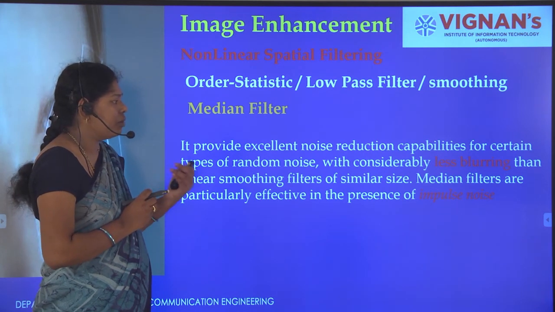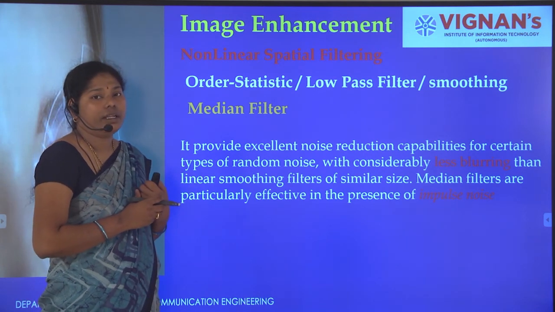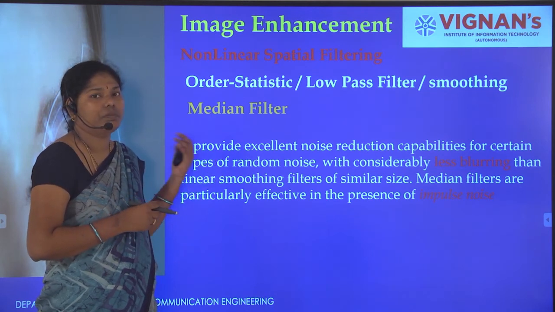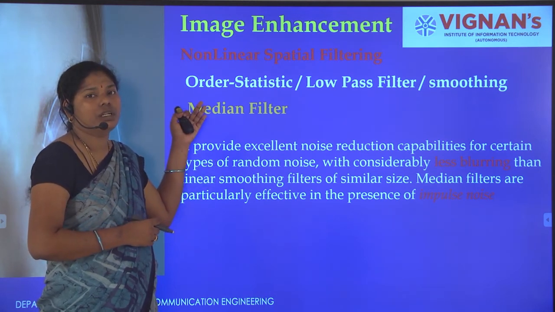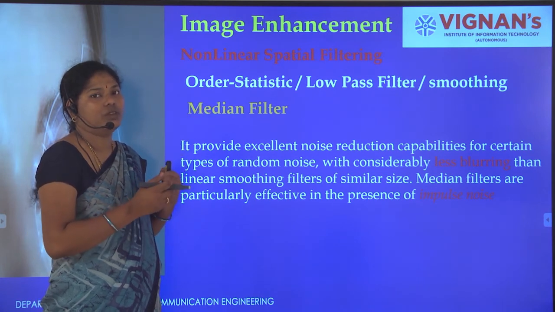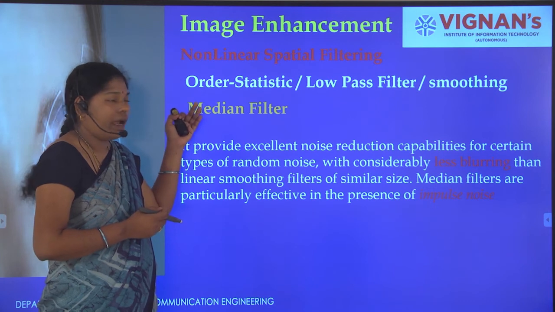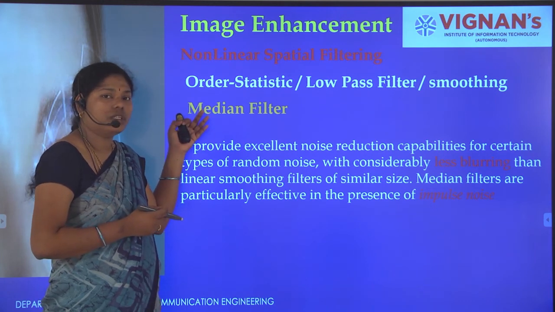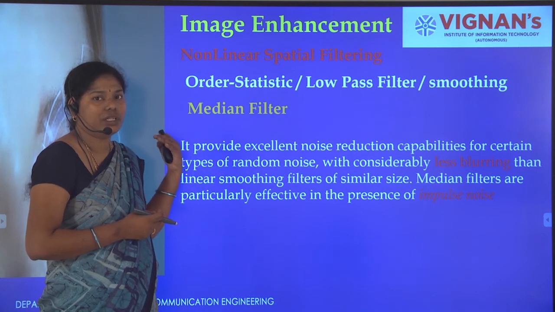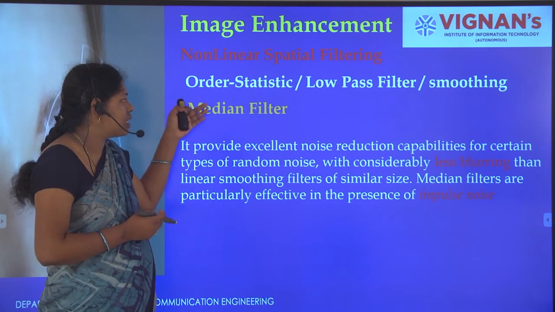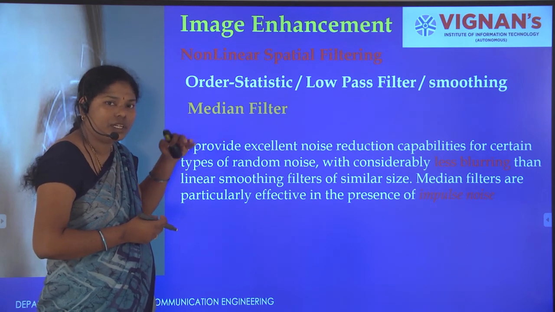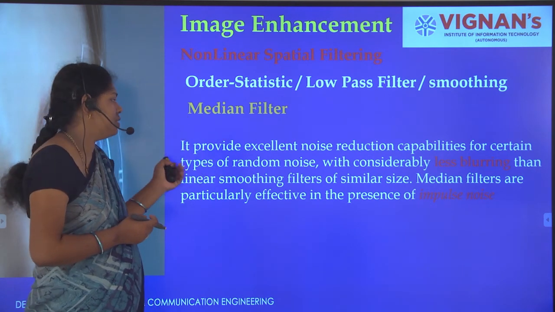Generally it is applicable for salt and pepper noise, impulse noise. This is the best for impulse noise, whereas low pass filter is applicable when we have to identify sharp edges. And there is a disadvantage of the low pass filter. Linear spatial filter is nothing but blurring. It blurs the image. The blurring effect can be reduced by the median filter.